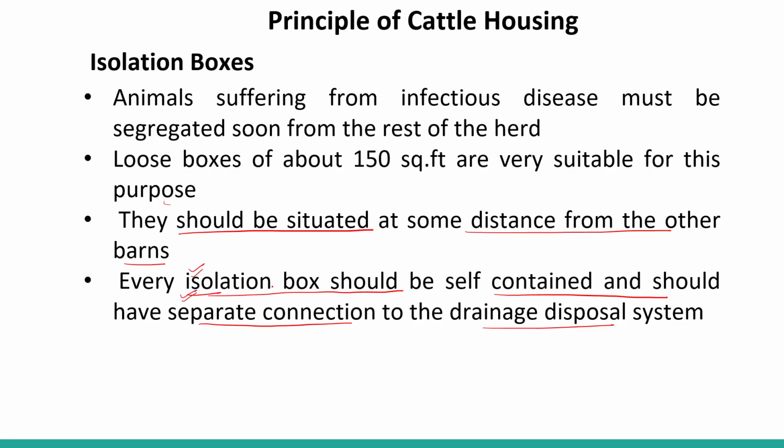Isolation box doesn't mean that we are keeping the animals away and not providing them proper food and water. There must be proper food, proper water facility, proper sanitation, and proper medication for those infected animals.